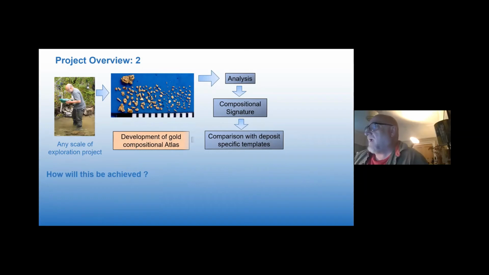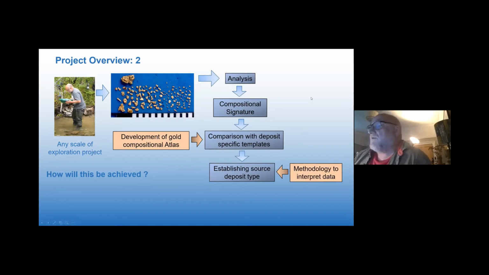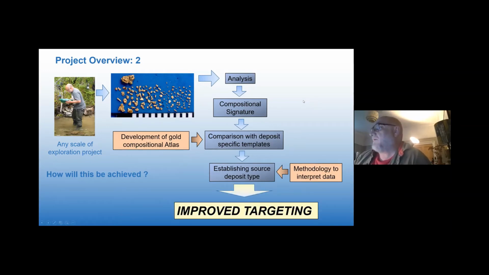That's one of the main workflows of the project, to develop those templates for that comparison. The interpretation of this is the second main type. So the methodology to interpret those data sets will be dealt with by Britt in the second part of this presentation. The overall effect is that we aim to improve targeting.